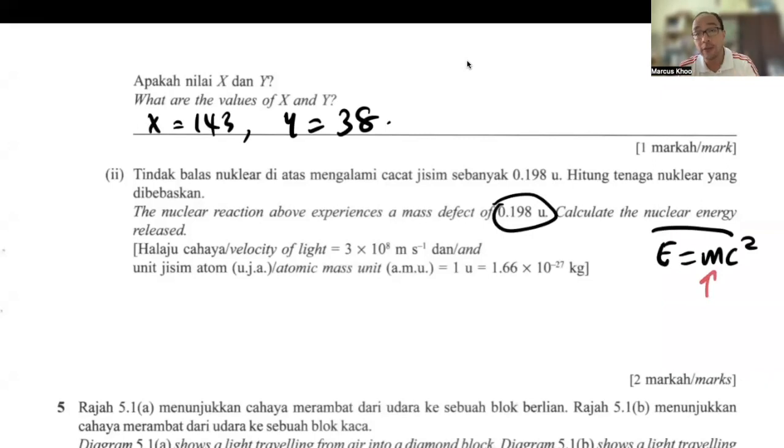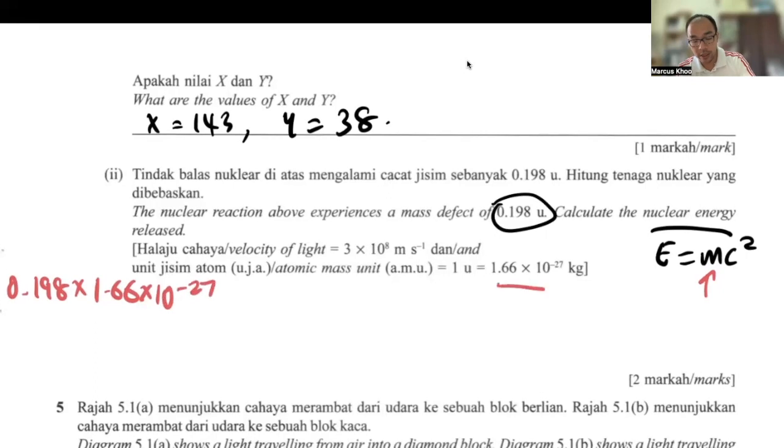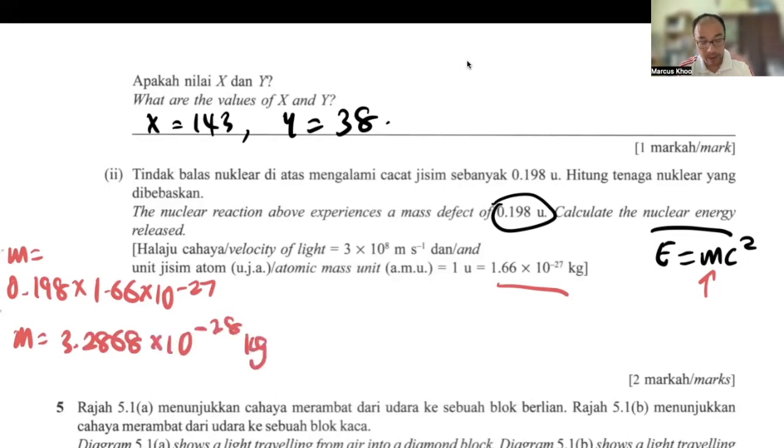So the first thing you have to do is change the 0.198 to kilograms, which is 0.198 times 1.66 times 10 to the power negative 27. You just multiply it by that and you will get the mass defect equals 3.2868 times 10 to the power of negative 28 kilograms.